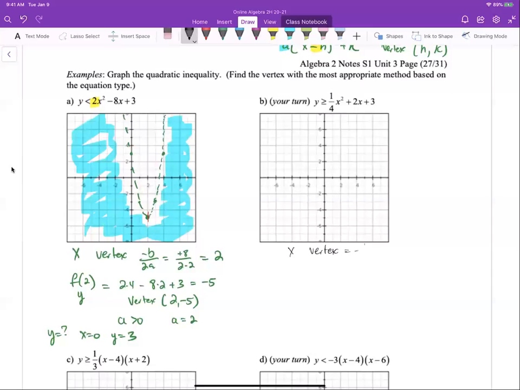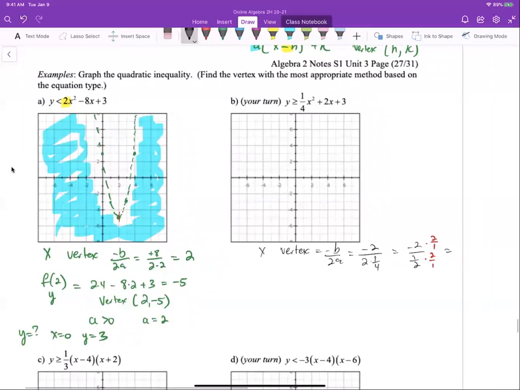It is equal to minus b over 2a, which is equal to minus 2 over 2 times a fourth, which is negative 2 over 1/2. I have to get rid of the 1/2 on the bottom. I can multiply each by its reciprocal, and I will find the x coordinate of the vertex to be negative 4.